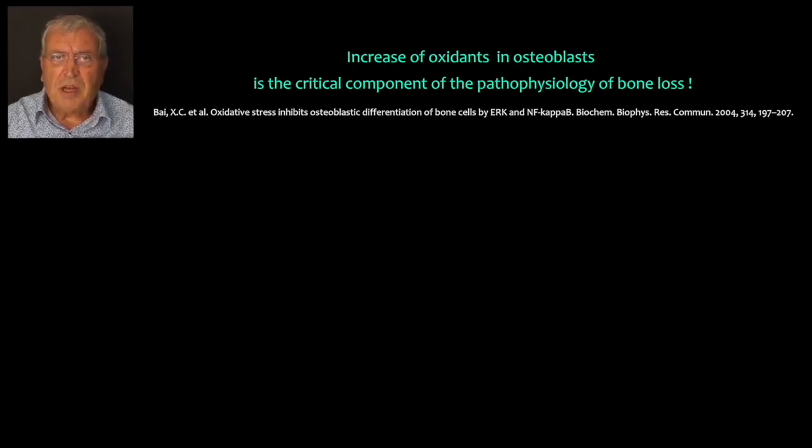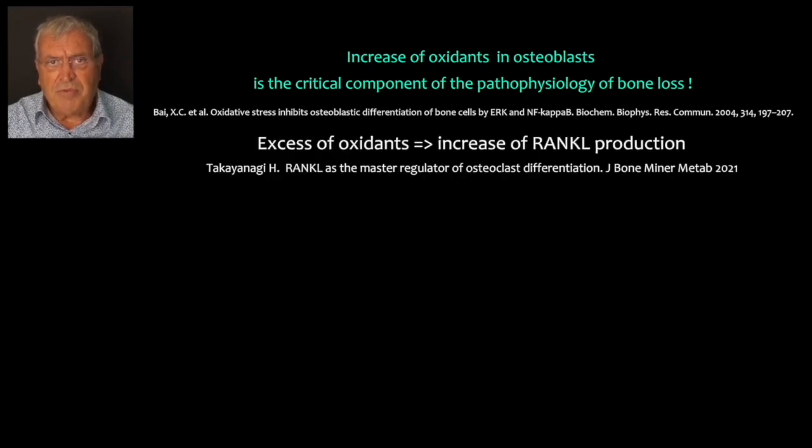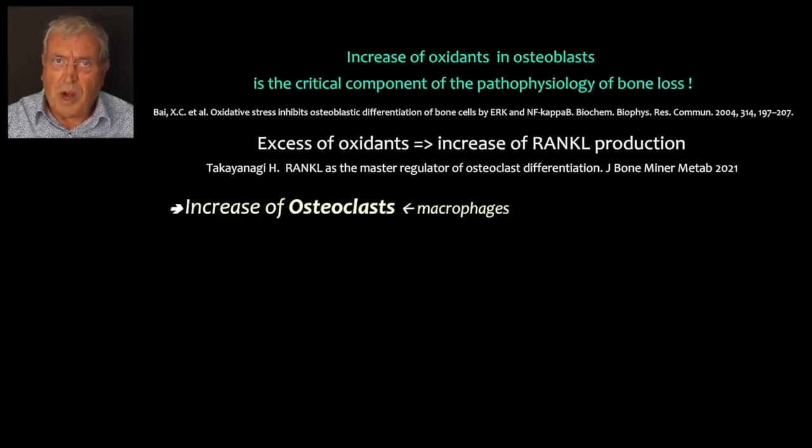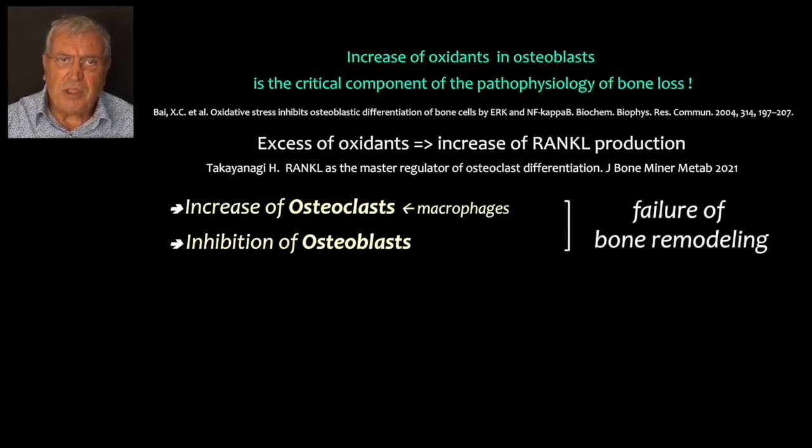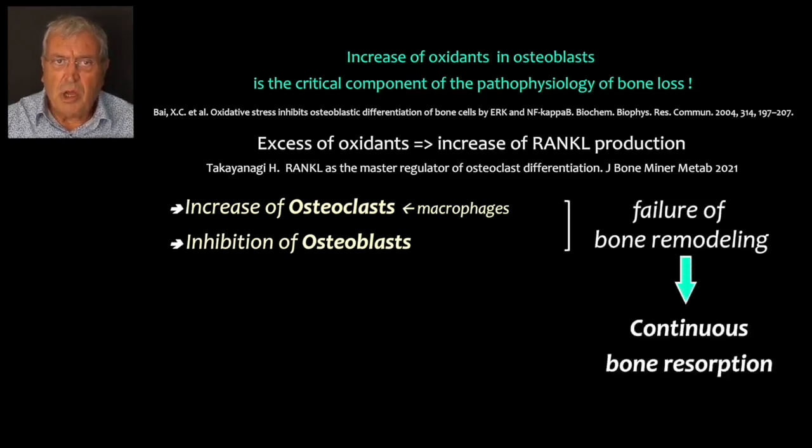An increase of oxidant in osteoblasts is the critical component of the pathophysiology of bone loss. Excess of oxidant will increase the RANKL production, and then we will see the increase of osteoclasts coming from macrophages and inhibition of osteoblasts, leading to a failure of bone remodeling.